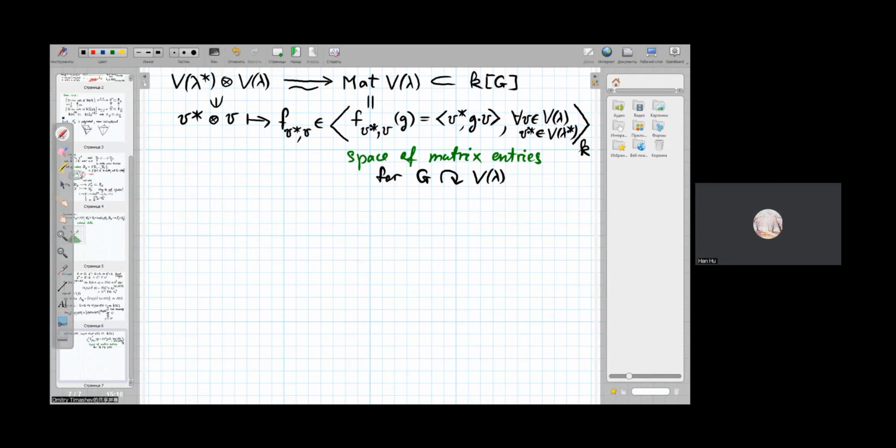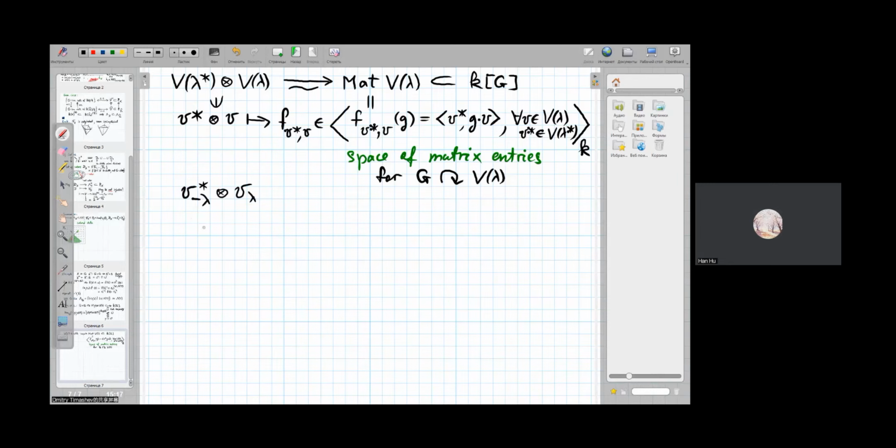If we take the highest weight vector in this tensor product, corresponding to the chosen Borel subgroup B minus cross B, then this highest weight vector will be the tensor product of V minus lambda star tensor V lambda, where V minus lambda star is the lowest weight vector in this V of lambda star.